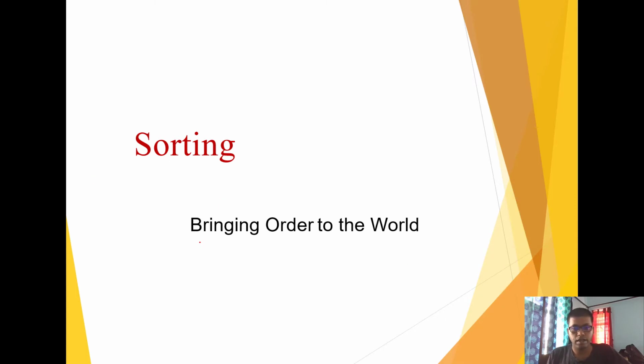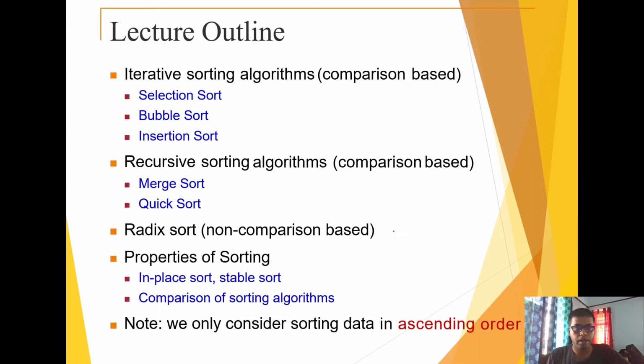Now sorting, the word sentence is written as bringing order to the world. To make something in a particular order, we need to use sorting methods. Now the lecture outline: there are different types of sorting methods. One type is the iterative sorting algorithm.